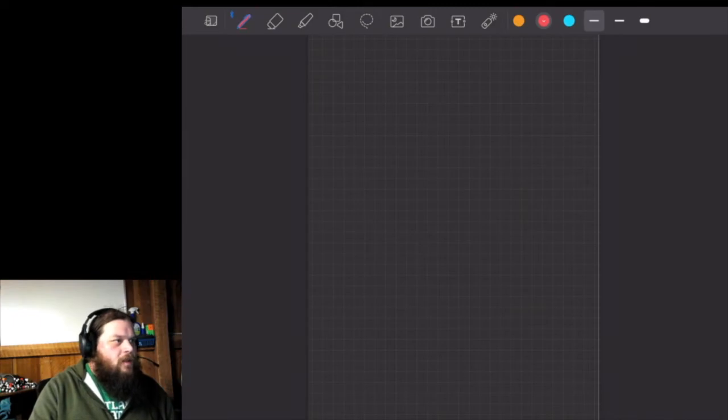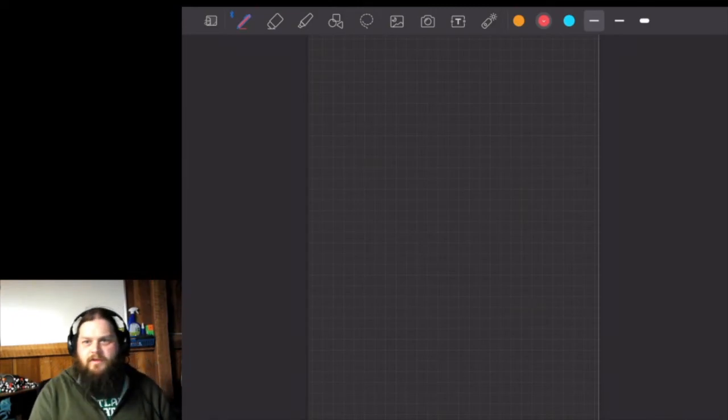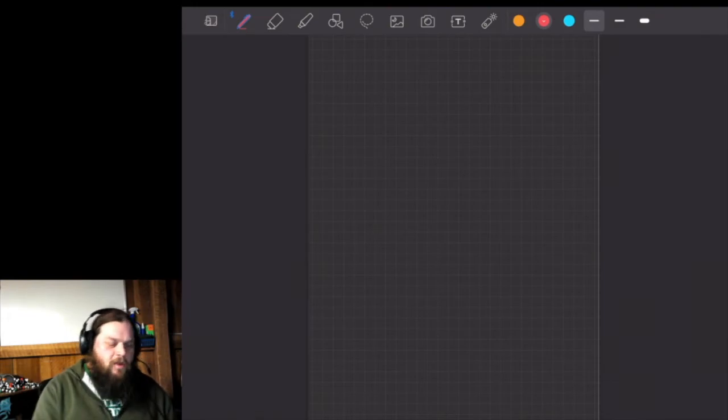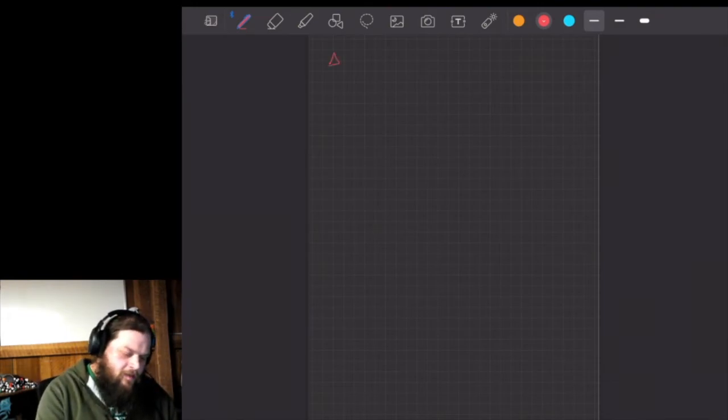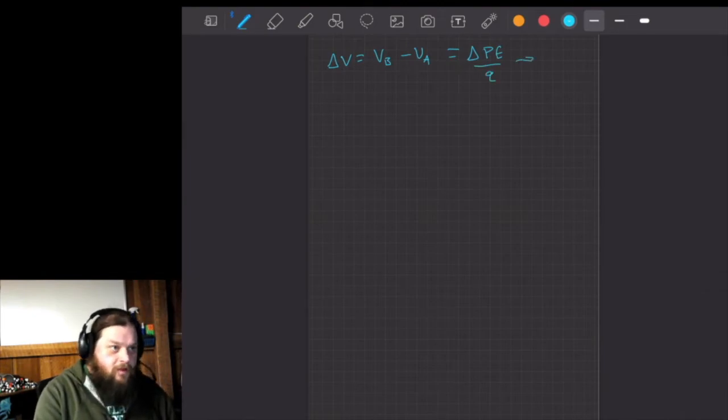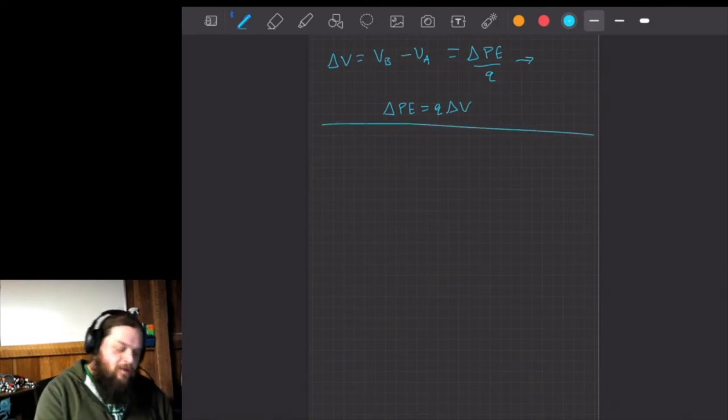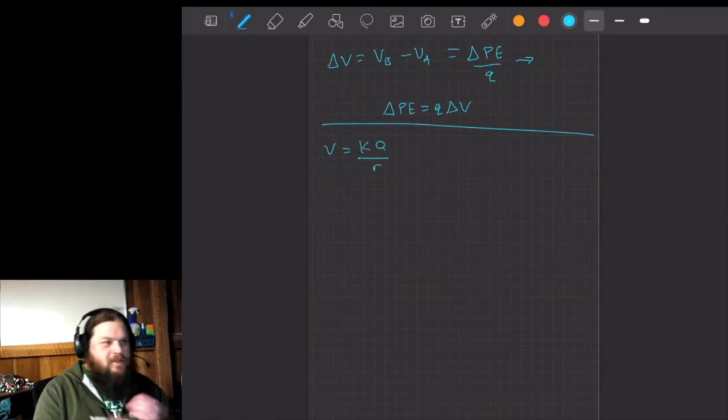So next we're going to talk a little bit about electric potential voltage. Just real quick, I'm going to run through here. We can say that the potential voltage is equal to the volts of B minus the volts of A, which is equal to the change in potential energy over Q. You can also think of it as the change in potential energy is equal to Q delta V. If you were to have a point charge on something, you can calculate its voltage equal to K times Q over R. R is the distance between them.